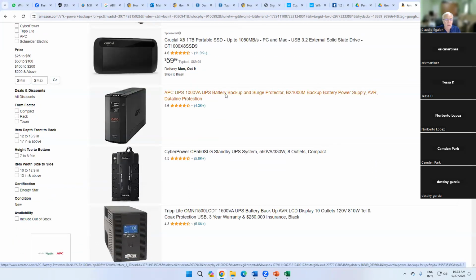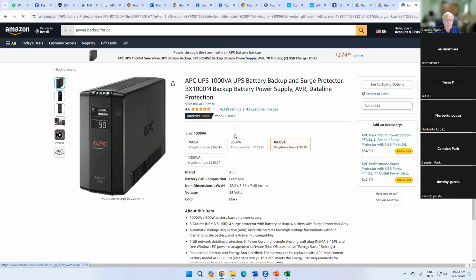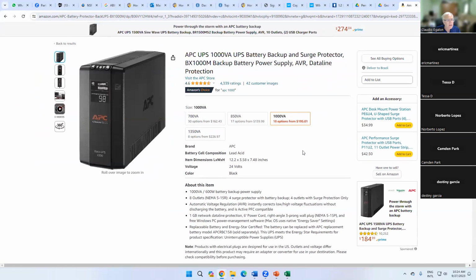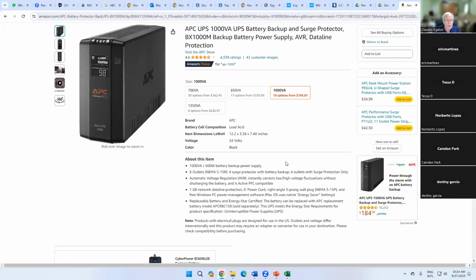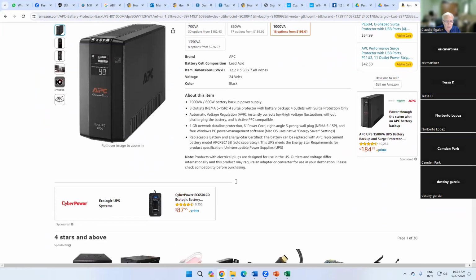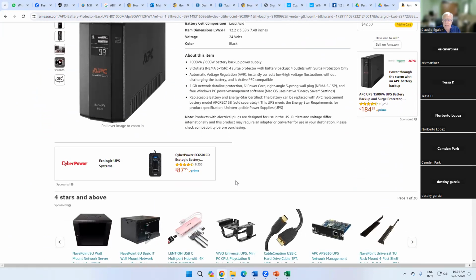Let's take a look here. 700 VA from $195. See, that's how much it cost, $195. But 1000 VA, I don't see it lasts very long. Gotta look at the specs of this device.